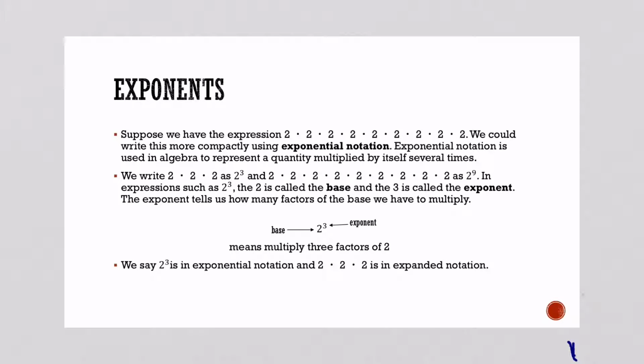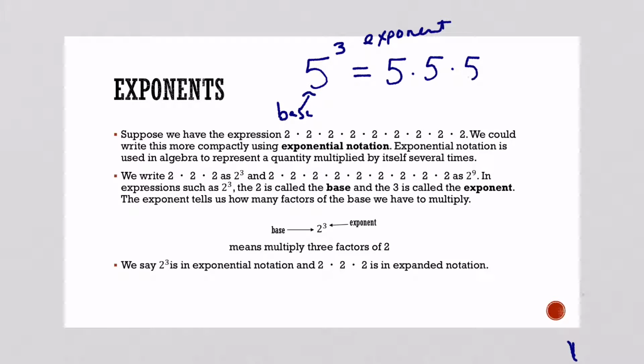Okay, so whenever we talk about exponents, we call the big number that is at the bottom our base. This is your base. And our little superscript up there at the top is our exponent. And what this means is I have 5 multiplied by itself 3 times.